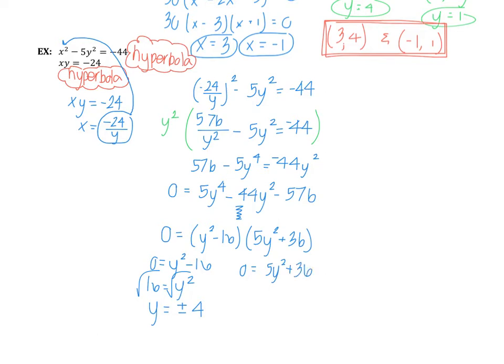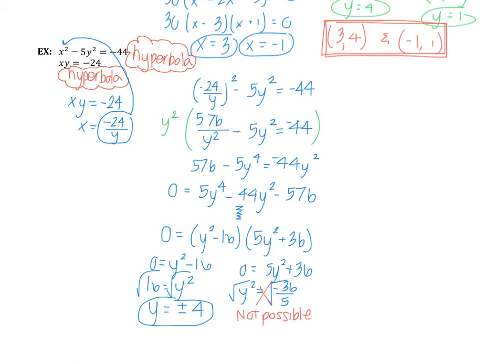Now notice when I solve, I'll get y squared equals negative 36 over 5, and you cannot take a square root of a negative. These are not going to be imaginary solutions. This is really where do these two hyperbolas cross. So this one is just not possible. It's not going to cross in this area because you cannot take a square root of a negative. So really, my only solution will be y being plus or minus 4.